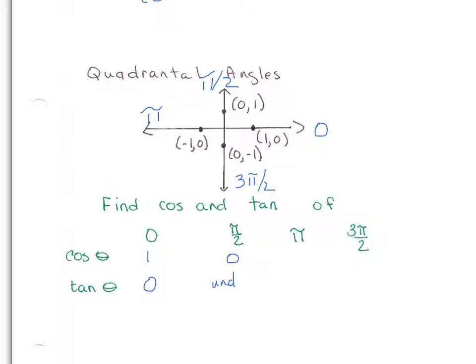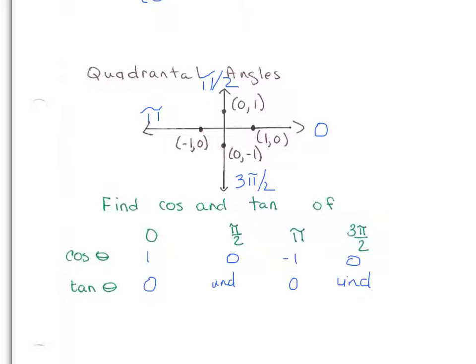What is the cosine of pi? -1. The tangent? 0. The cosine of 3 pi over 2. 0. And the tangent? Undefined.